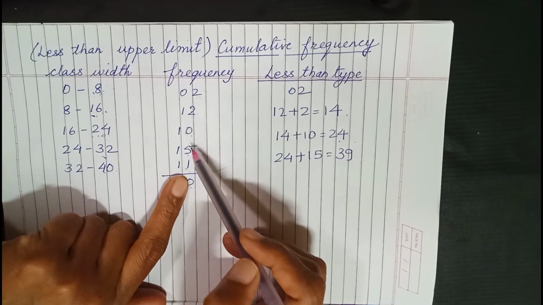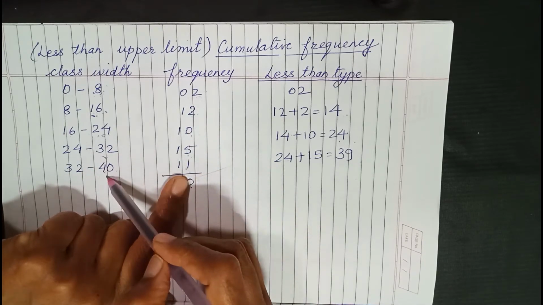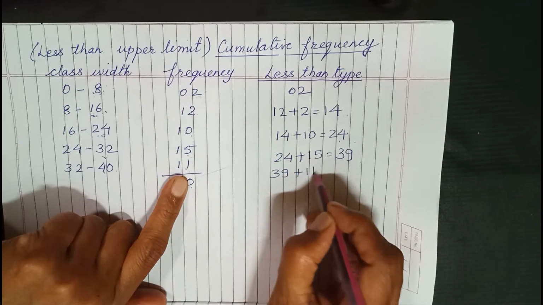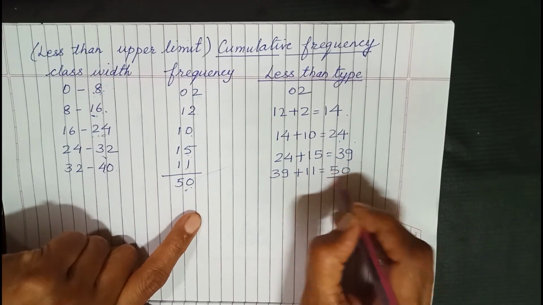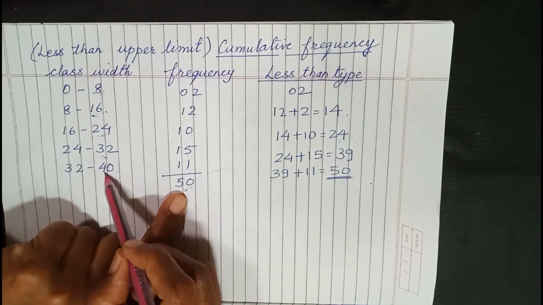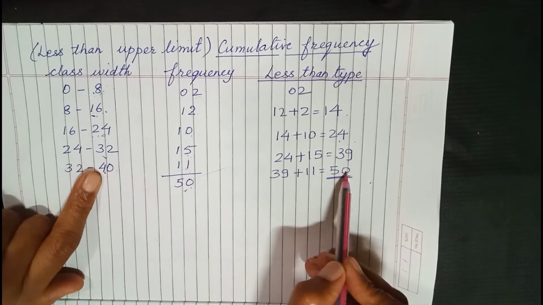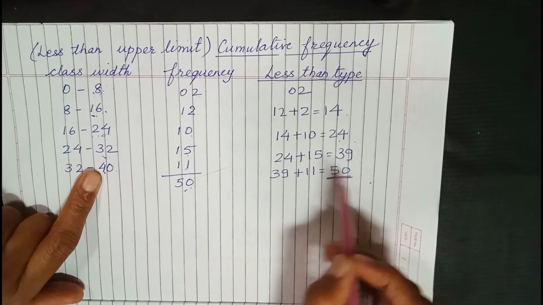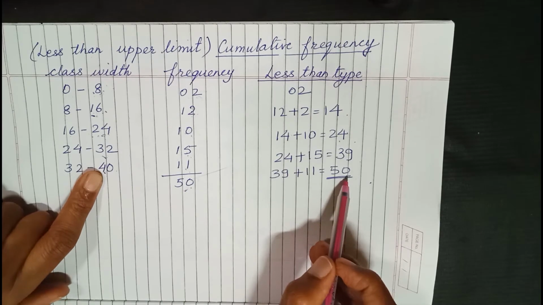That means each and every frequency that I have here is less than 40. The earlier total I had is 39. To that I add 11 and I get my total 50. That means all 50 frequencies are less than 40, and that is the answer you should be getting here. The total that is here should come here.